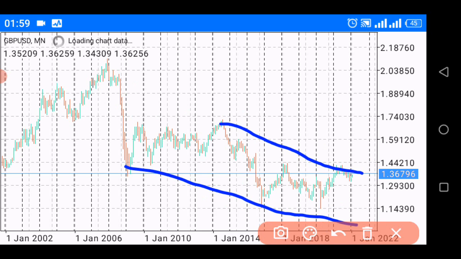We are in a corrective movement here in the monthly chart in pounds US dollar, so we are possibly looking out for the breakout of this structure. So for us to do so, we are going to analyze the movement in this structure one by one, so we know when the market will break out, so we can scalp in.